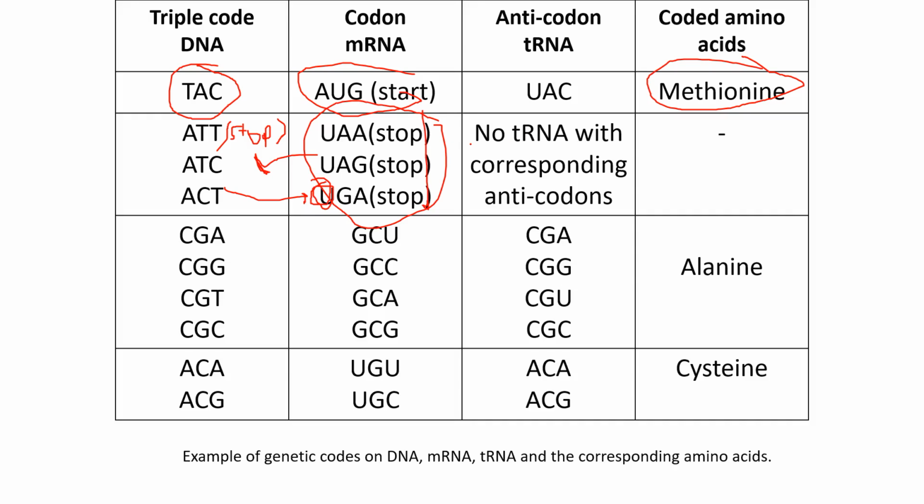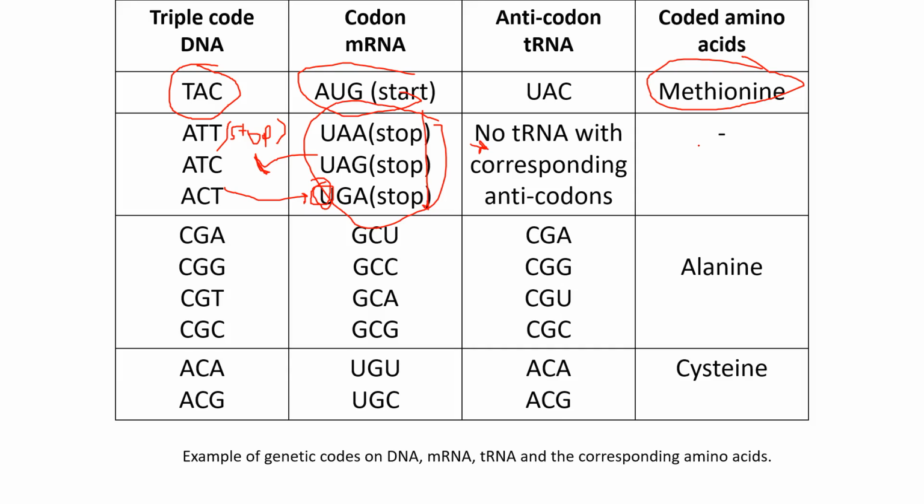So here there will be no tRNA with corresponding anticodons, or no anticodons that correspond with stop codons. Get it? You can write either no tRNA with corresponding anticodons or no anticodons correspond with stop codons.